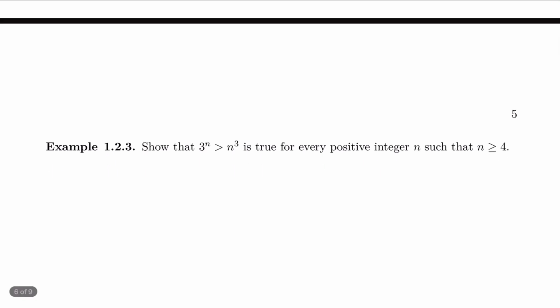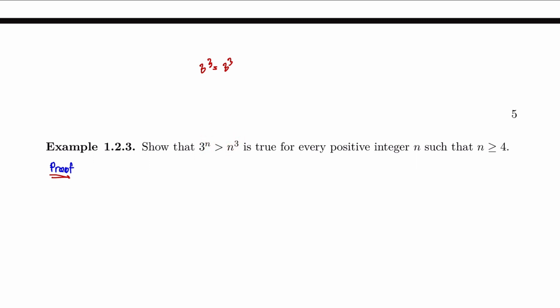Now let's prove this. We want to prove that 3 to the n is greater than n cubed, for n greater than or equal to 4. You might try to plug in n equal to 3. When n is 3, you're going to have 3 cubed and 3 cubed.